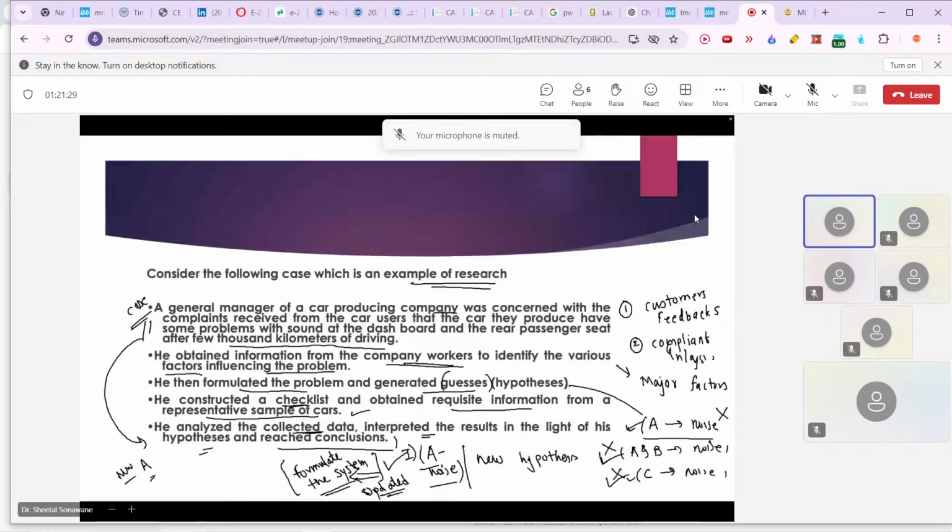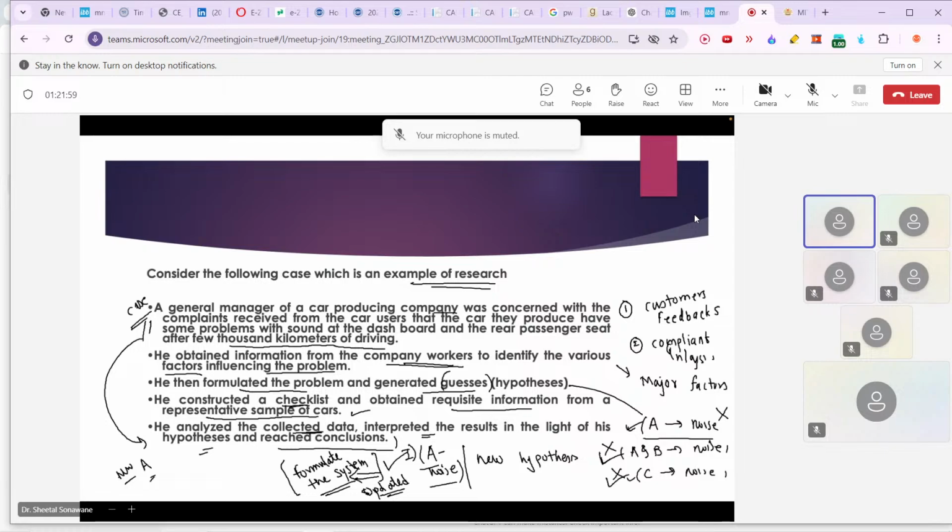Then in the last step he analyzed the collected data. Whatever data he has taken as a checklist, whether this is the problem. Check the car again, whether the problem is occurring again, then accordingly he has test case analysis. Accordingly, he analyzed the collected data, generated the result in the light of the hypothesis and reached the conclusion. So several steps are applied.